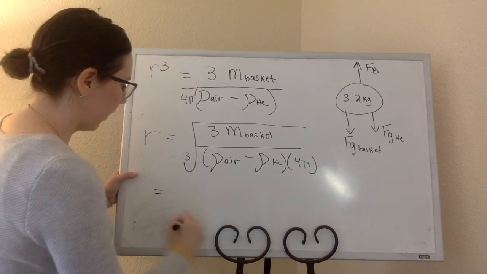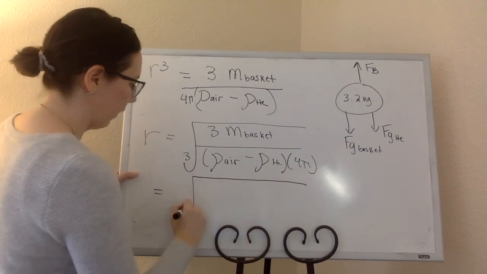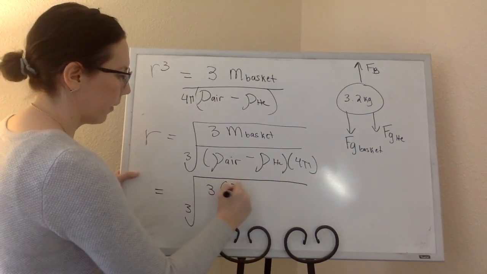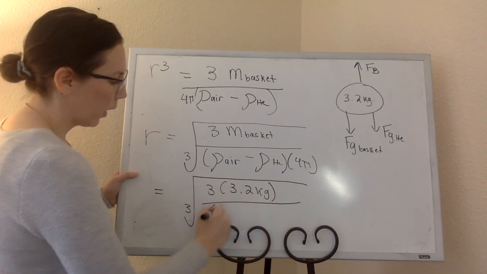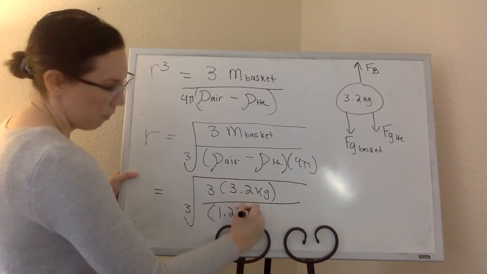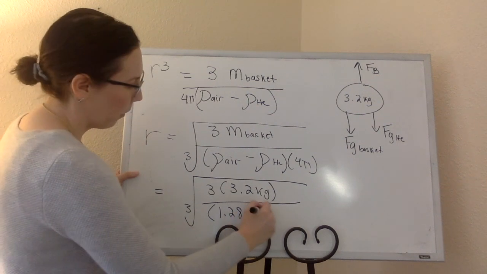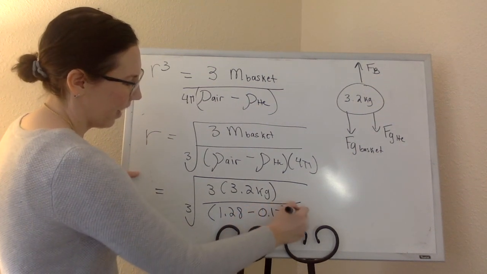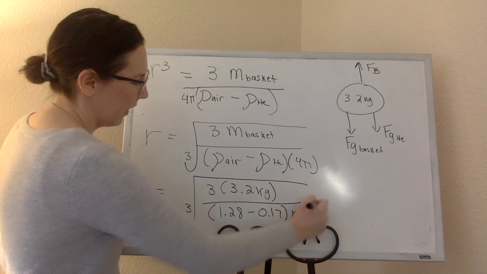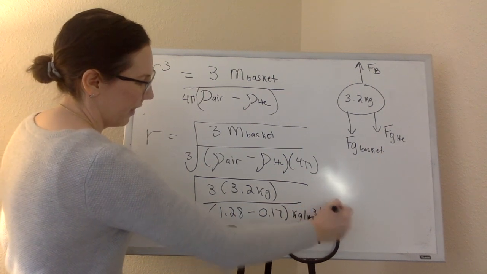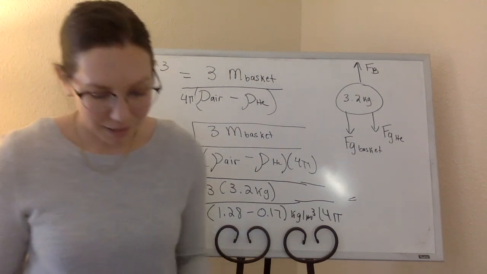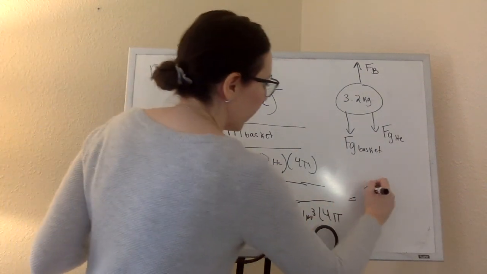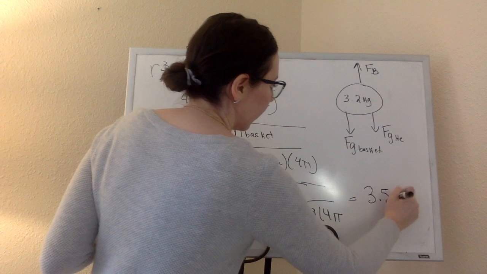Okay, so that's the cube root of 3 times 3.2 kilograms over 1.28 minus 0.17 kilograms per meter cubed times 4 pi, which gives a radius for the balloon of 3.5 meters.